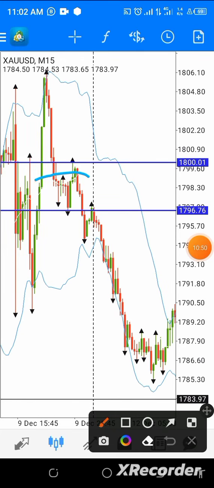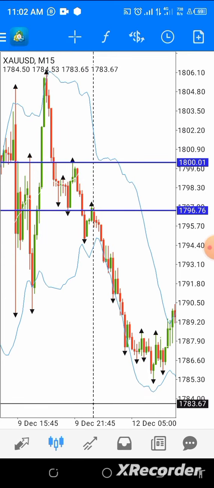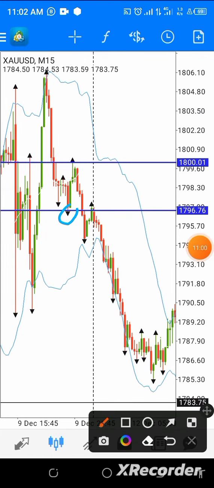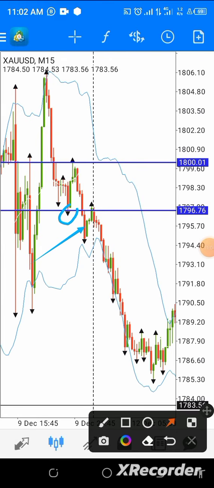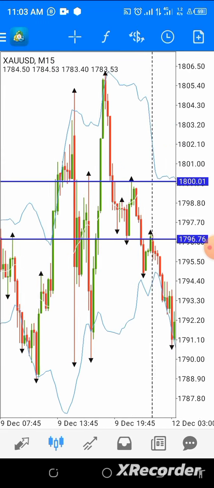Inside this place is your consolidation area. You don't do anything until there is a breakout. Any price action that breaks out this fractal, that is where you will enter your sell order, and the market will continue to go in your direction.